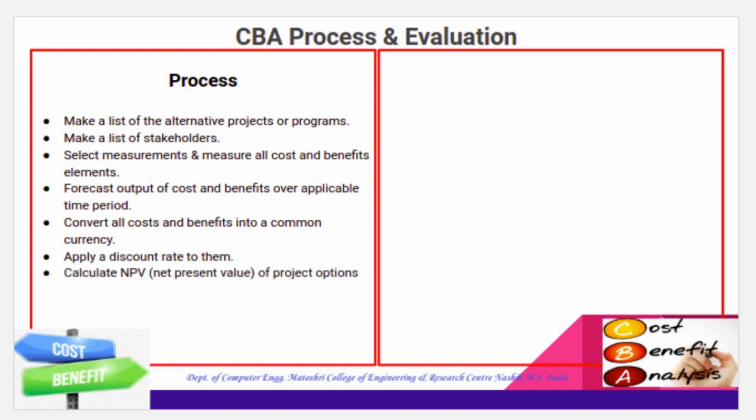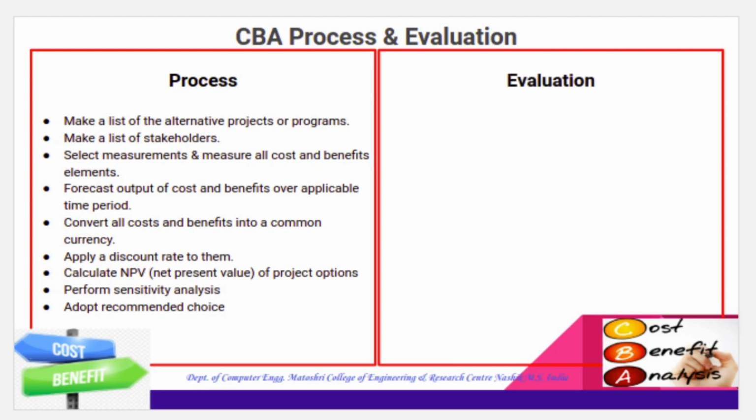Then calculate the NPV, that is net present value of the project, from the option. Then perform sensitivity analysis, and finally adopt recommended choices. These are the certain processes involved in CBA. Now we will see the evaluation.